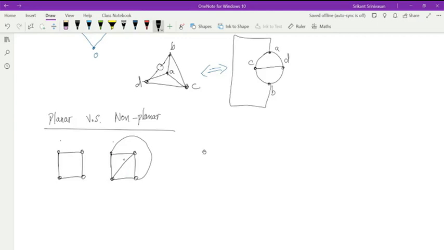Supposing we take a network that looks like this, and say that I have something that goes from here to here and something that goes from here to here. Okay.